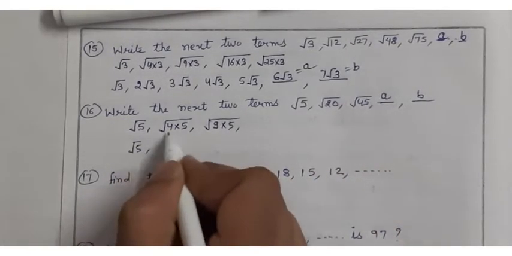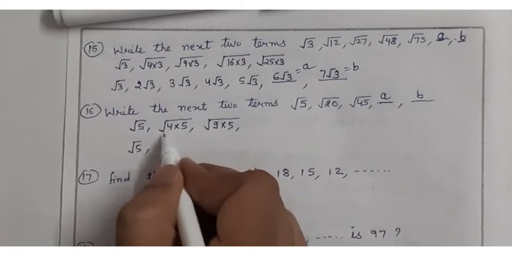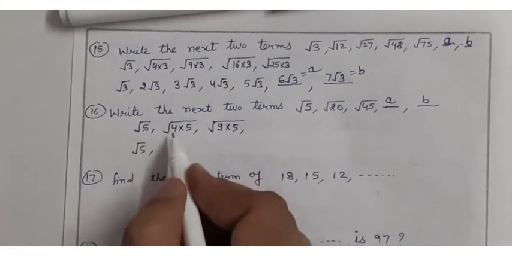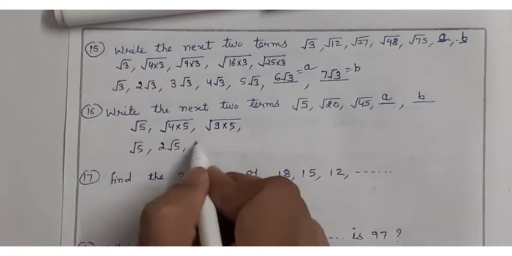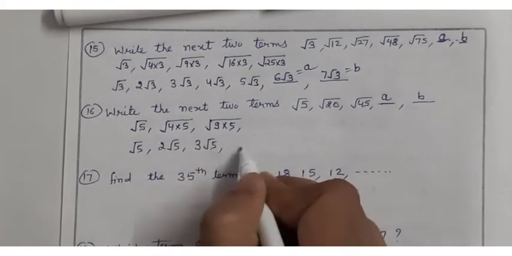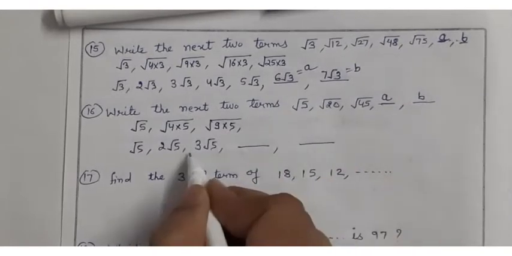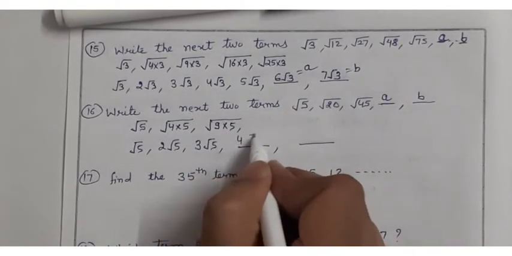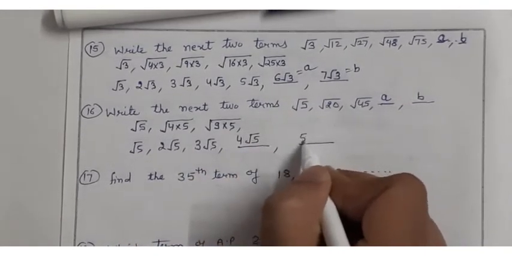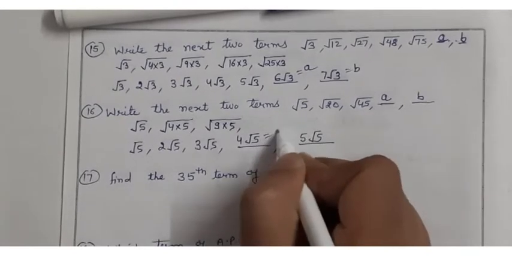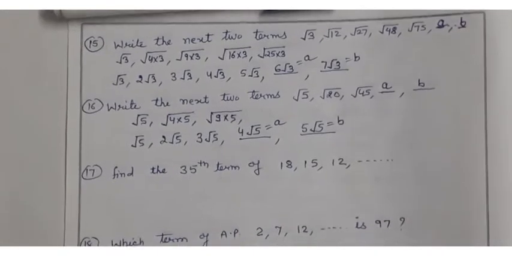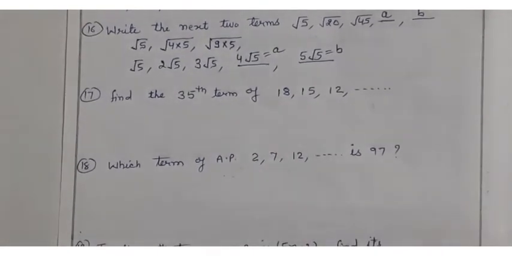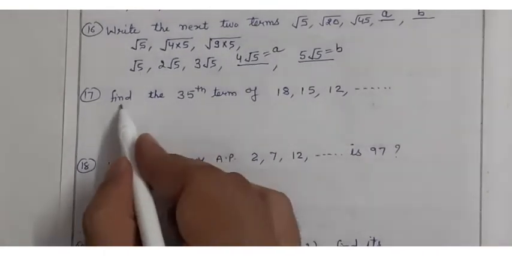Root 5, if I take root 4 out, this is 2 root 5. This is 3 root 5. Then what will be the next two terms? After 3 root 5, 4 root 5, then 5 root 5. This is your A and this is your B. Okay, come on to the next question.